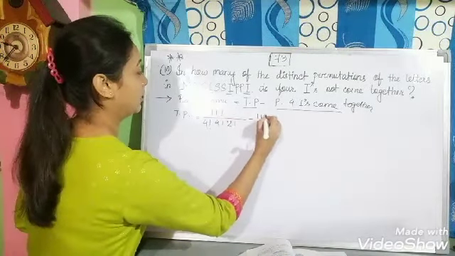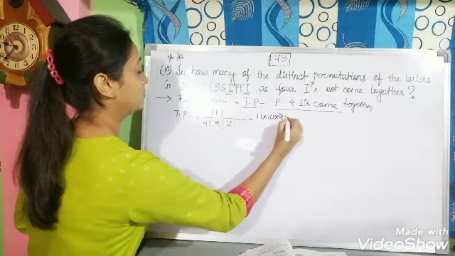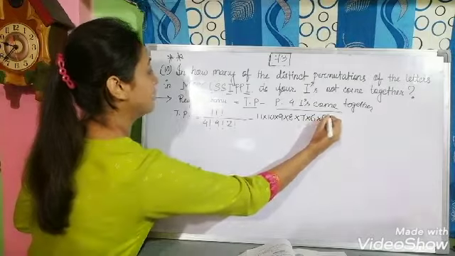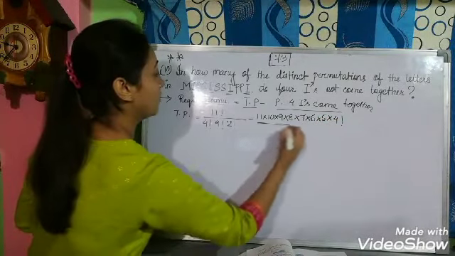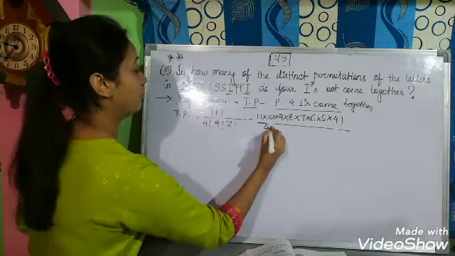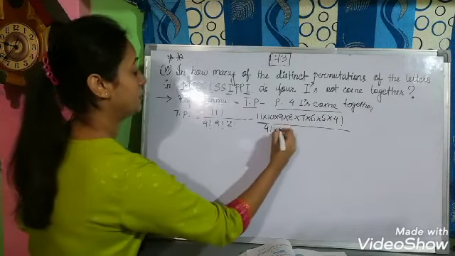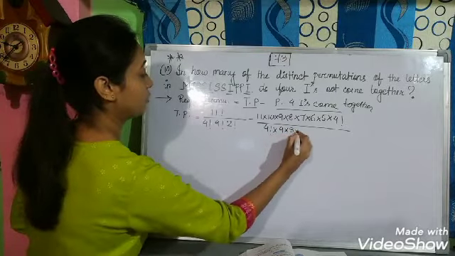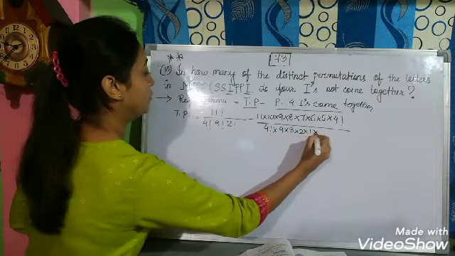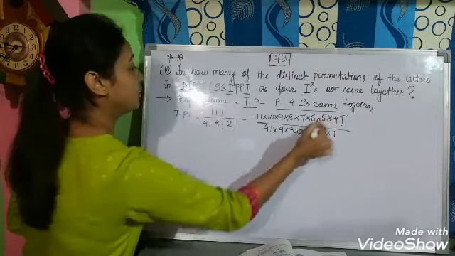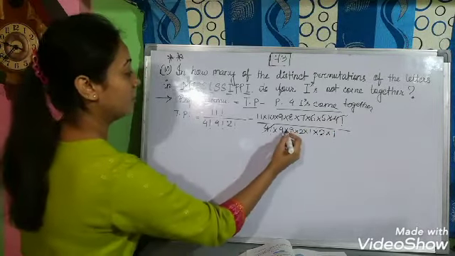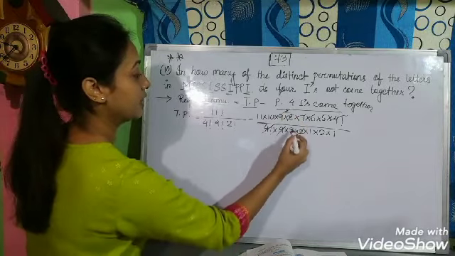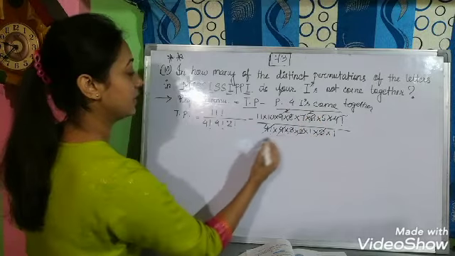So calculate it. You will get 11 into 10 into 9, 8, 7, 6, 5 into 4 factorial. We will write up to this so that it gets cancelled with the denominator 4 factorial. Next 4 factorial, you reduce it, which will help in further calculation: 4 into 3 into 2 into 1 into 2 factorial, that is 2 into 1. 4 factorial got cancelled. 4 2s are 8, 2 cancels. 3 2s are 6, 2 gets cancelled.